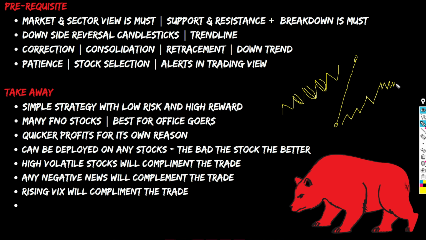It will not retrace, it will consolidate, and then it will go up. It will retrace again. So this is your consolidation phase, this is your retracement phase, and even the retracement phase we can call a correction phase. And what is a downtrend? You know, a downtrend stock will come and go, zigzag. It will make lower highs and lower lows. So this is higher highs and higher lows, and this is lower highs and lower lows. This is what I meant to say.